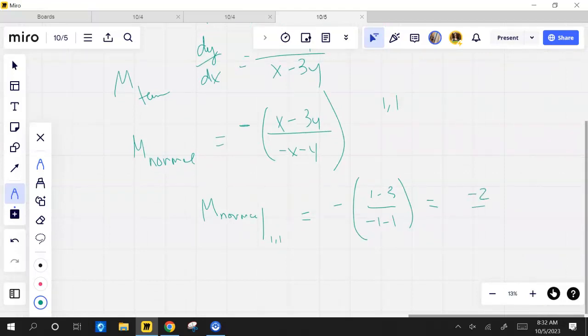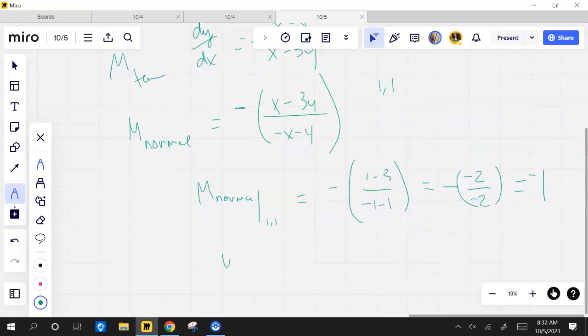Negative 2, negative 2, but everything's negative, so the slope is 1, right? So the equation of the normal line, all right, so we got to think about this for just a second. The equation of the normal line would be y minus 1 equals slope times x minus 1.